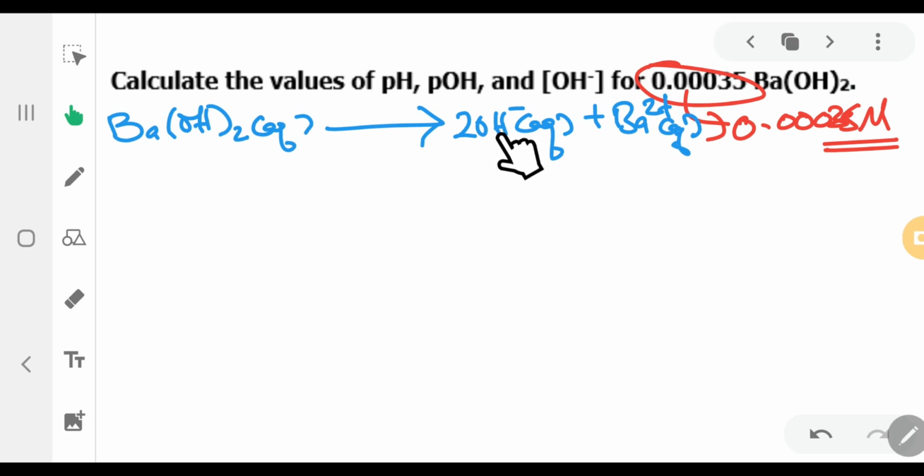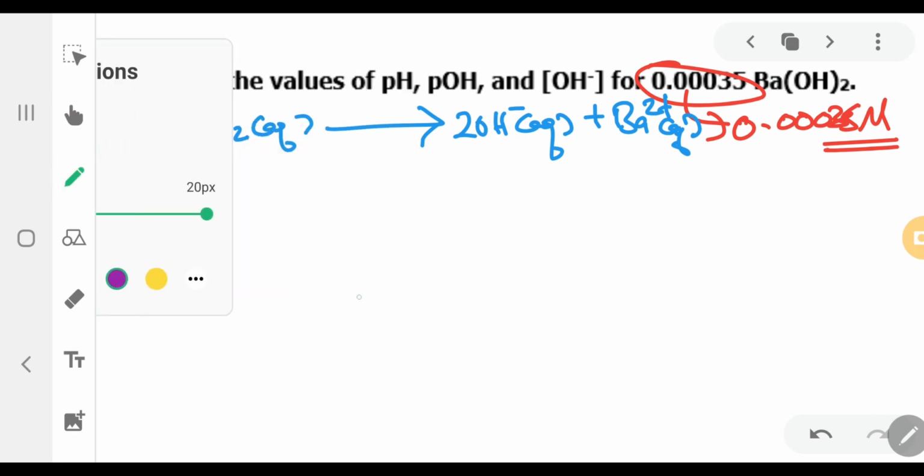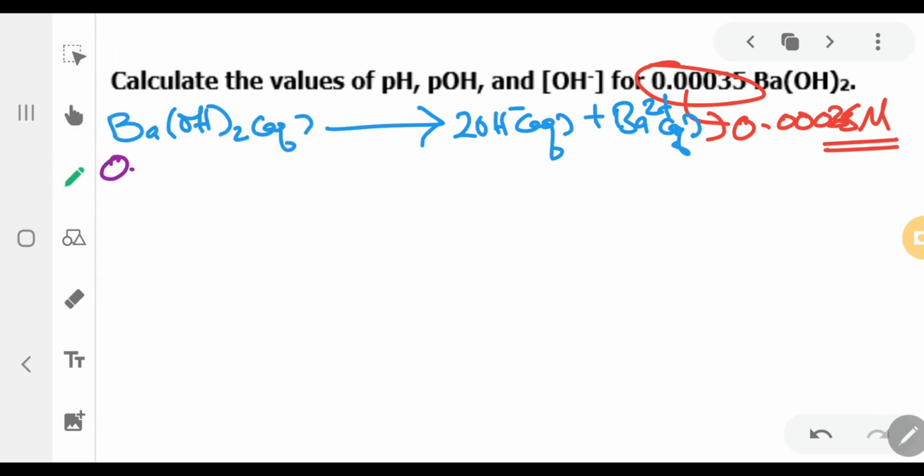We do know that this one will be fully dissociated to form 2 OH-. And we have told you just now, if you have 0.00035 molar over here, that one will be fully dissociated to form 2 mole of OH-. Since this one is 2 mole, that one is 1 mole.